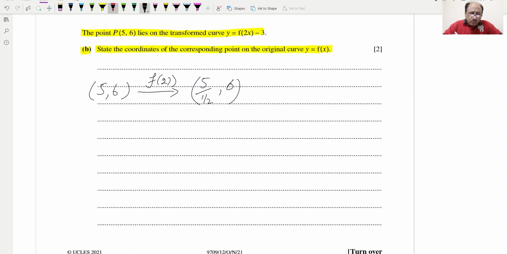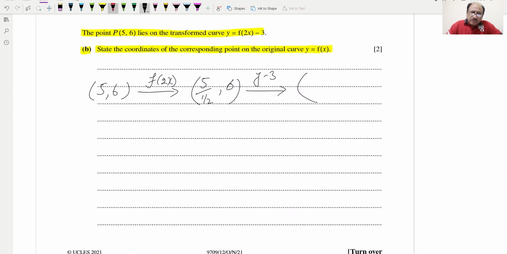So this will be our coordinates after applying the transformation f of 2x. Now the next is f of x minus 3, so y minus 3, so it will be 3 units basically.